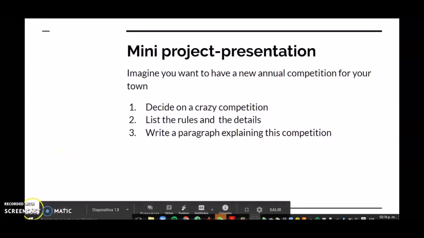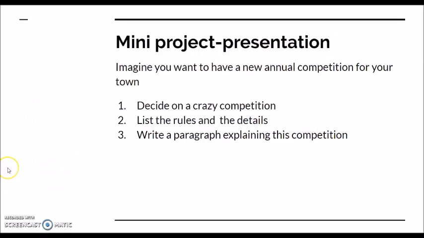And the last activity, you are going to make a mini project presentation, and the instructions say: you imagine that you want to have an annual competition for your town. So you are going to decide a crazy competition. Remember in the last presentation I showed you some crazy competitions.